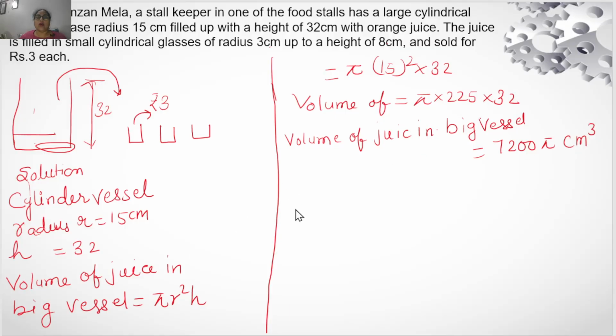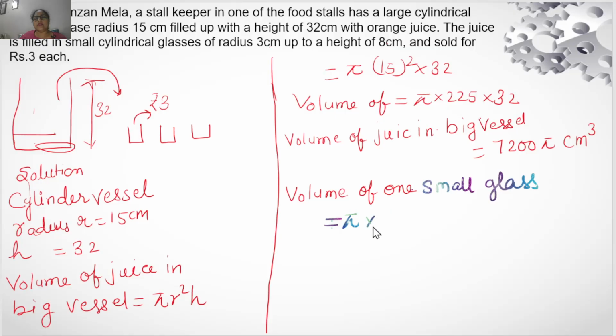Now we will find out the volume of one small glass. I am using a different color so you will be able to understand. Volume of one small glass: pi, what is the value of r?